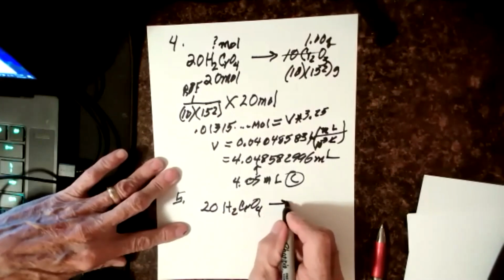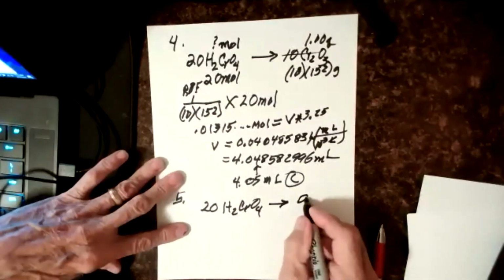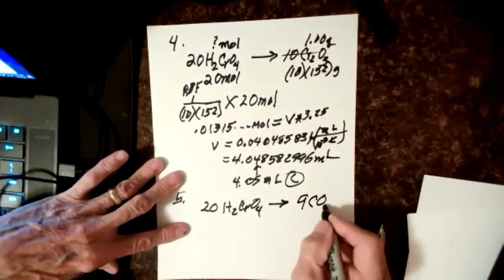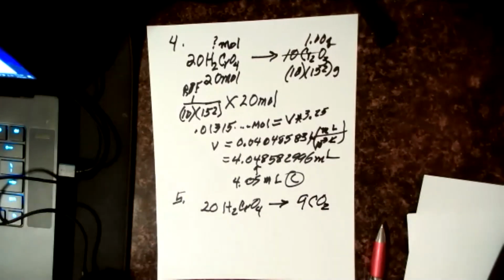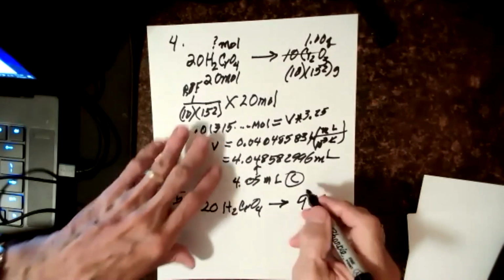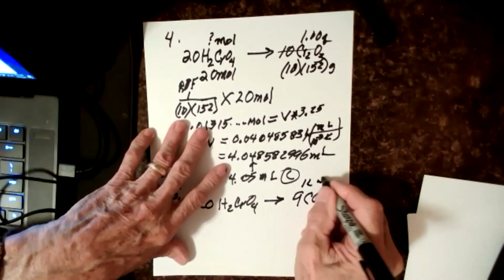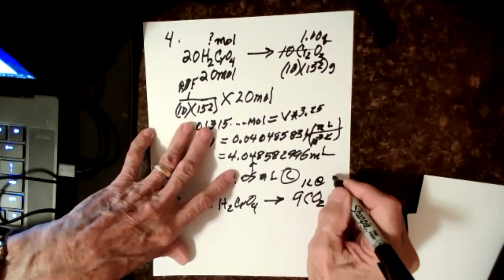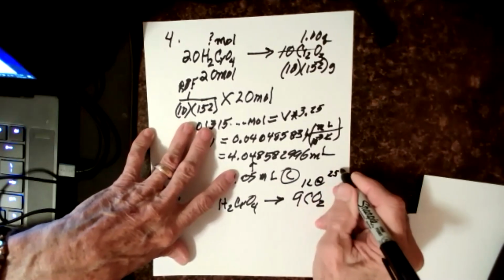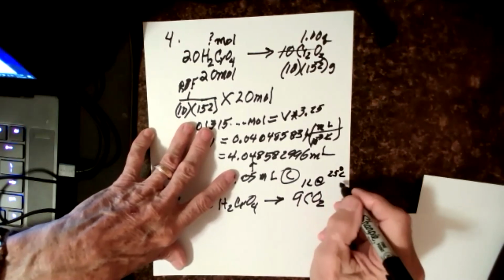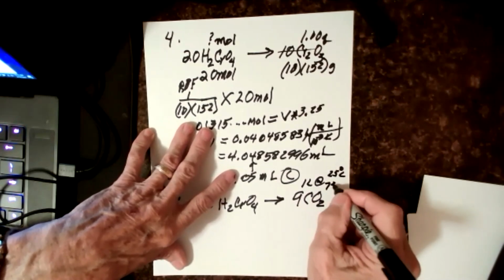And in this case, we're going to carbon dioxide, and there's 9 of them, CO2. So these are the 2 things in the balanced equation that pertain to this problem. And what I want is 1 liter of this gas at 25 degrees C and 735 torr.